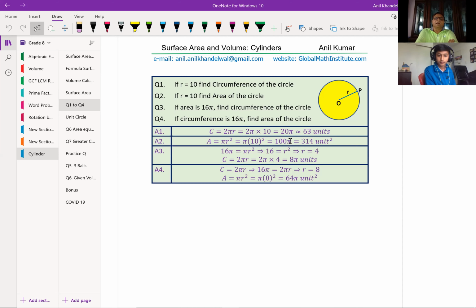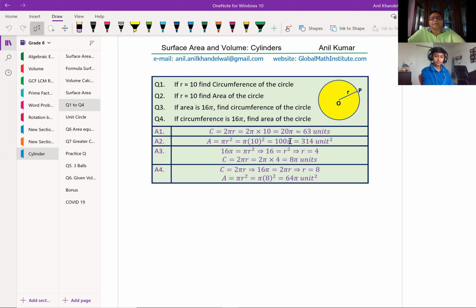And if radius is 10, then the area will be? I'm just working it out. 314 centimeters. Correct. When we don't write the units in the question, you may say unit square. So area unit will always be a square unit. Is that clear? Yes. Okay.